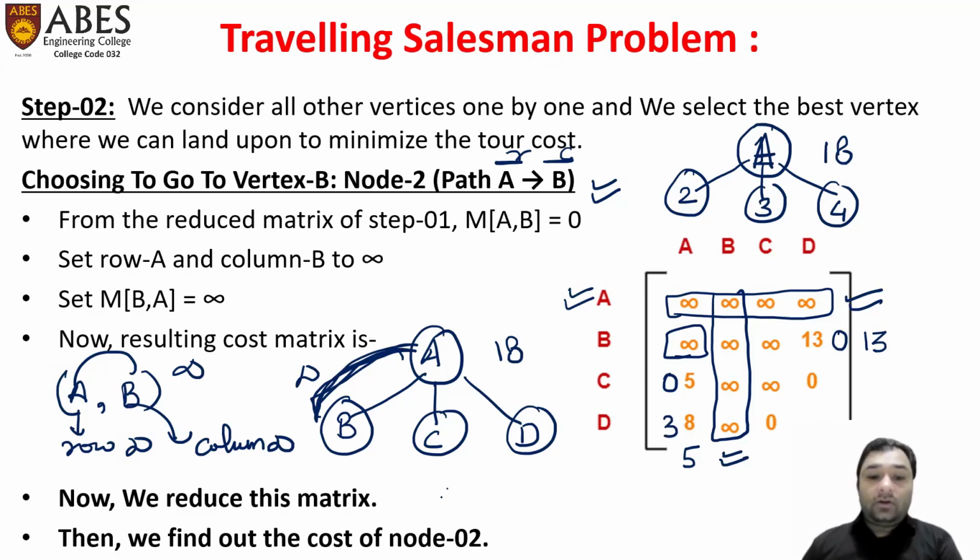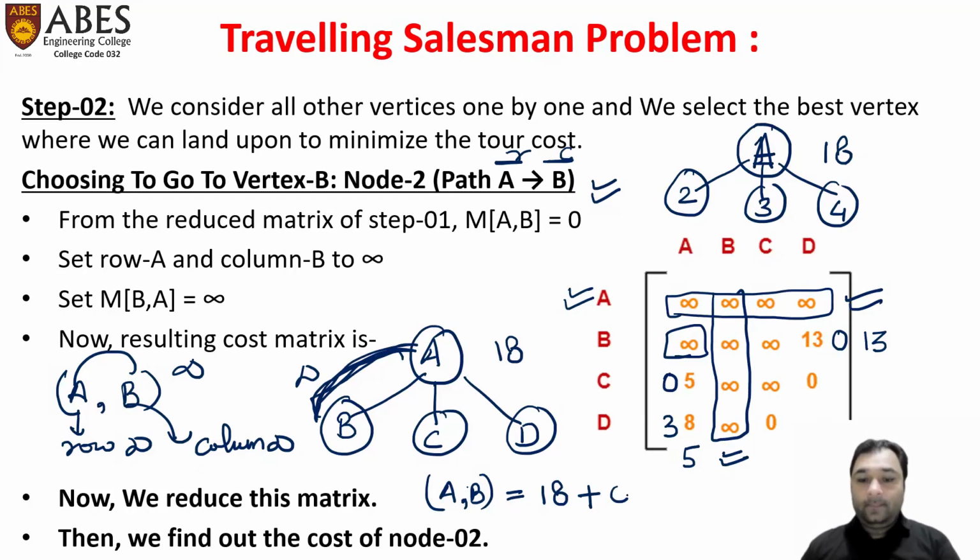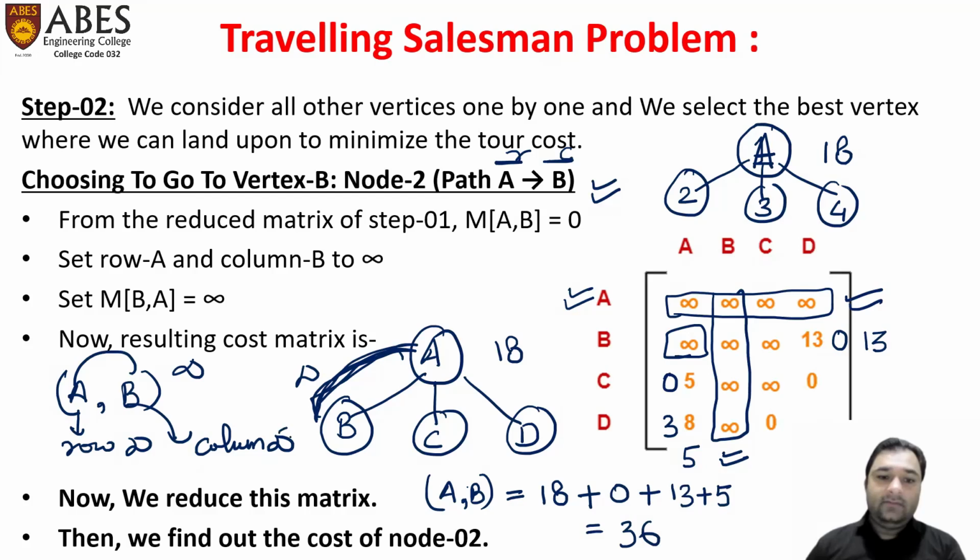So the total cost of A to B will be the cost of A, that is 18. Then what is the cost of A to B? A to B is 0, plus this 13 plus 5 will give us 18 plus 18, that is 36. That is, we will get 36 here.